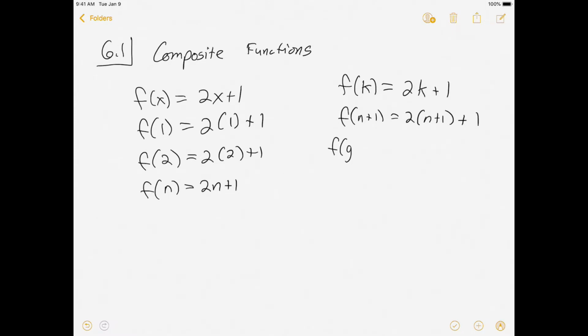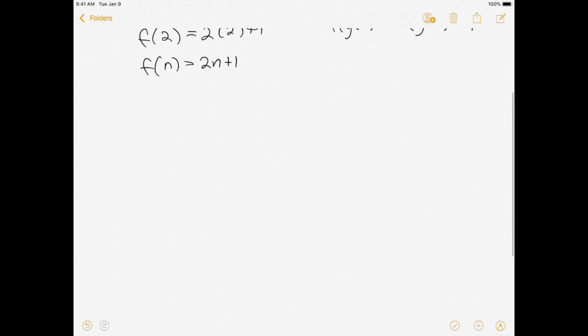So if we plug in another function inside there, it's going to be 2 of that function plus 1. In this case, g of x could be a whole other function. So that's what a composition function is. It's plugging a function into another function. So here's the definition.